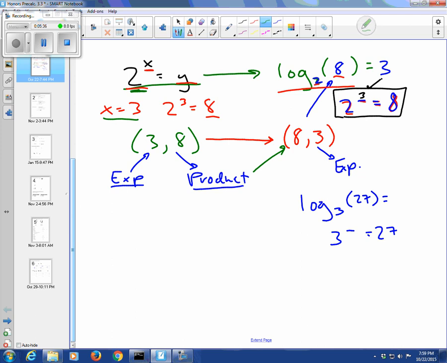How many times do I need to multiply 3 by itself? So it's defined by that base of 3, right? But what the answer is going to be is an exponent. So what do I need to raise 3 to in order to get 27? That would be the exponent of 3. So log base 3 of 27 is the exponent of 3.